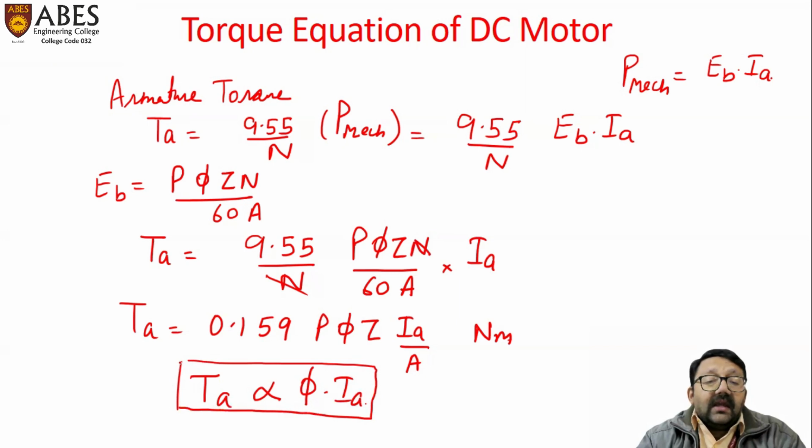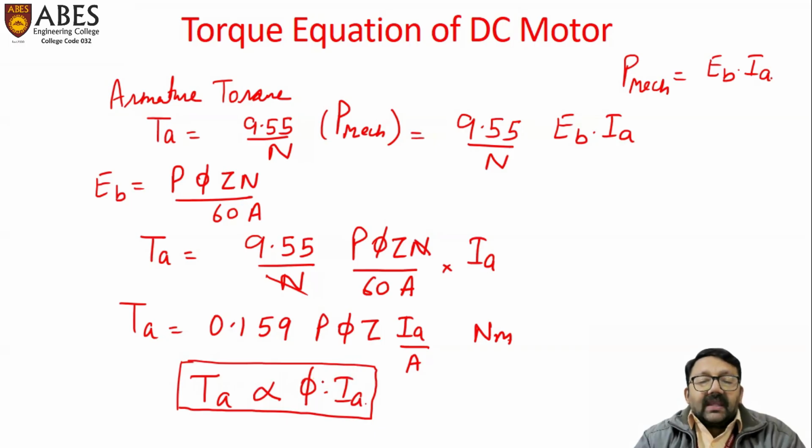And if we have to reverse the direction of rotation of the motor, or we can say we have to reverse the direction of torque, then in a DC motor, we can achieve this either by changing the direction of flux or by changing the armature current.